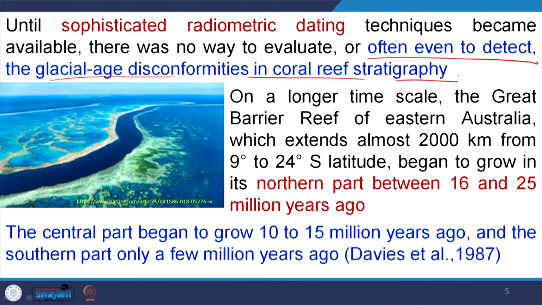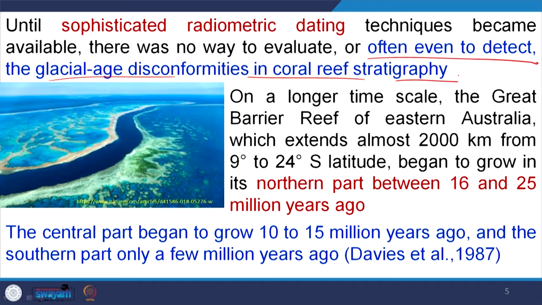On a longer time scale, the Great Barrier Reef of Eastern Australia, which extends about 2000 kilometers from 9 degrees to 24 degrees south latitude, began to grow in the northern part between 16 to 25 million years ago, in the central part 10 to 15 million years ago, and in the southern part only a few million years ago. So, why is this happening?